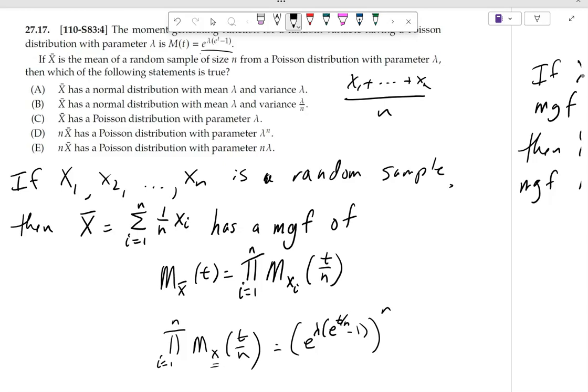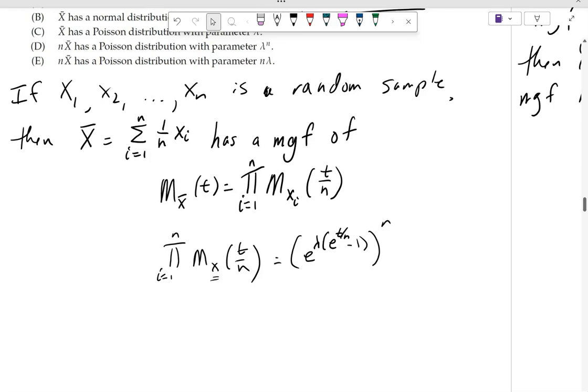Now remember, this is one exponent raised to another, so you would multiply your exponents. So all I would have here is e to the n lambda times e to the t over n minus 1, right?